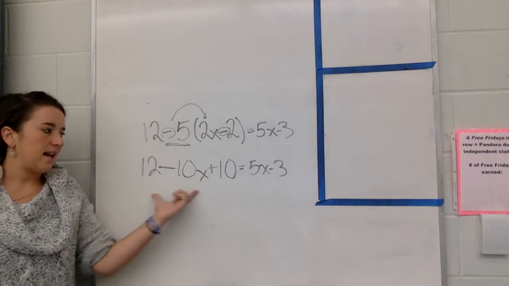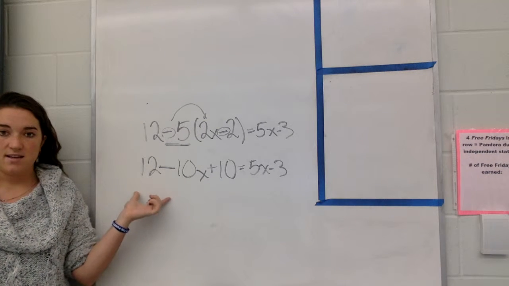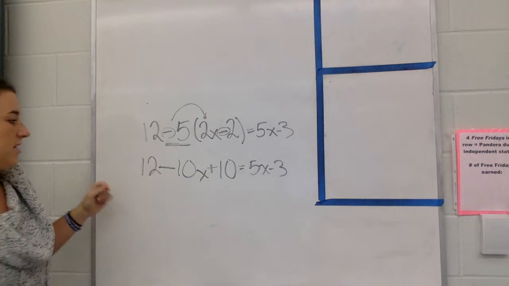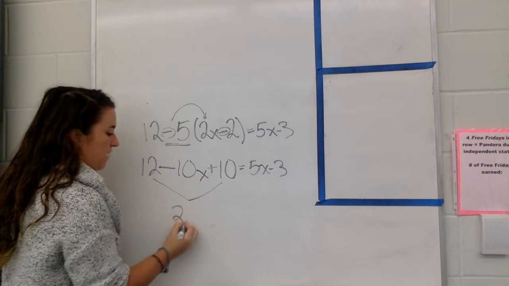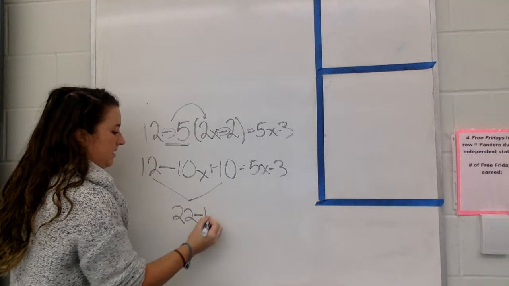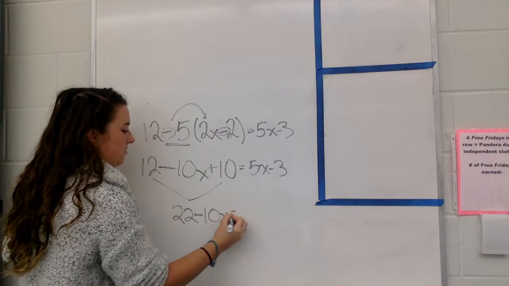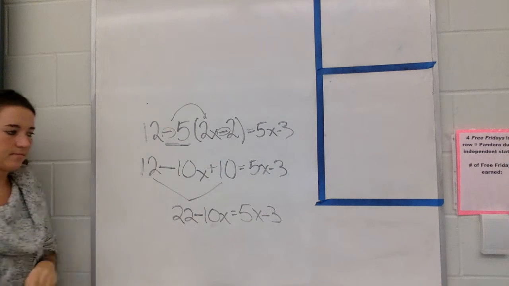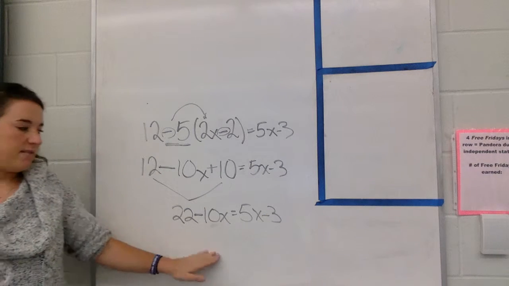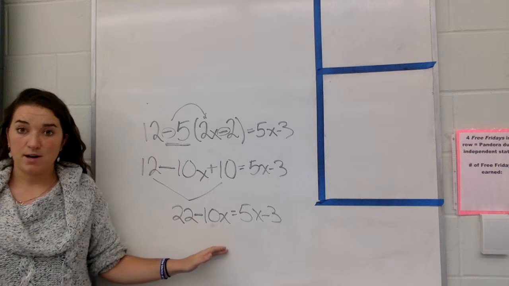Now what can I do? Can I continue simplifying this left side? Yeah, I can combine my like terms. I have 12 and I have 10. 12 plus 10 is 22 minus 10x, which equals 5x minus 3. Can I simplify either side of the equation anymore?